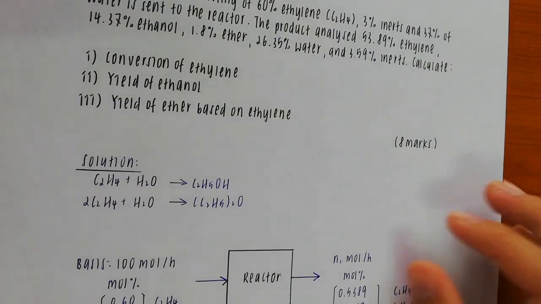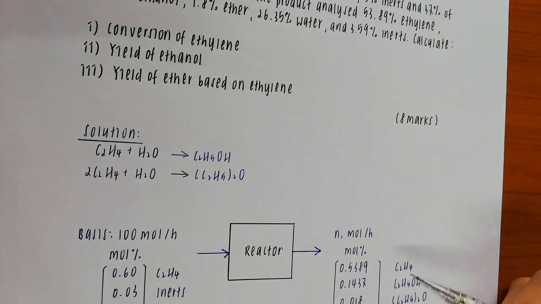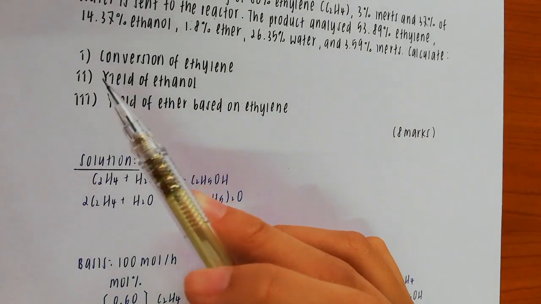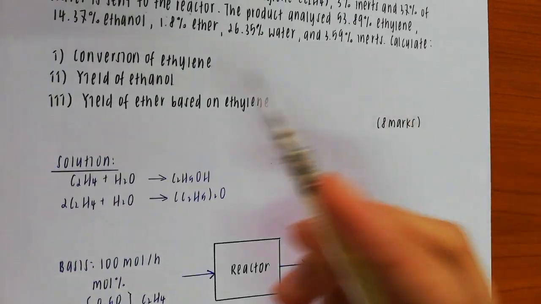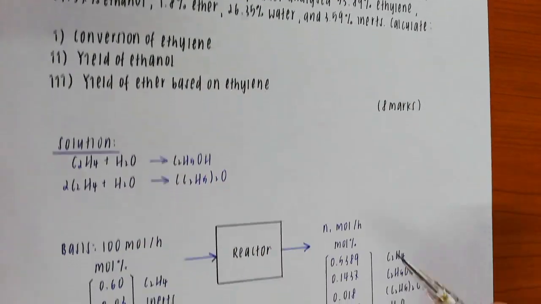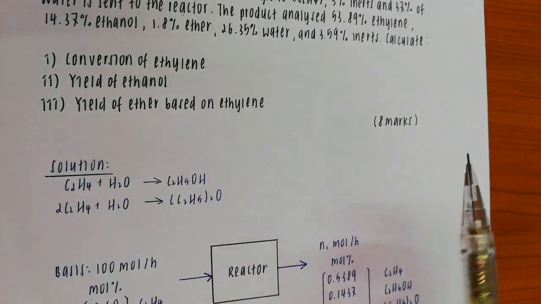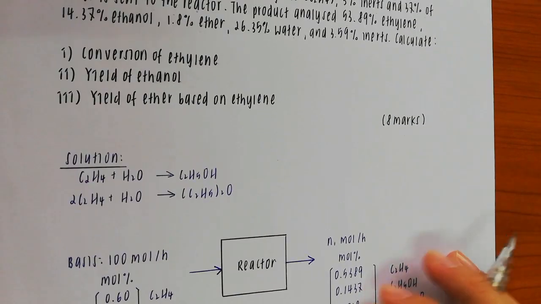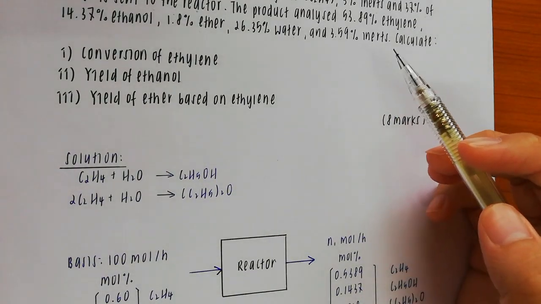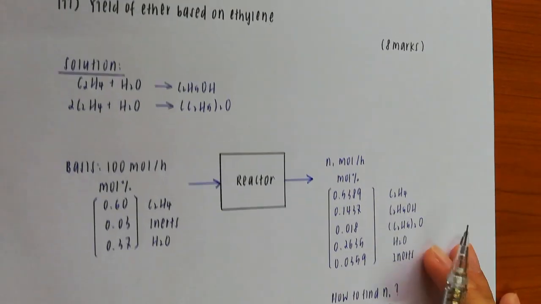So for the output, we have 53.89 ethylene, and then 14.37 ethanol, and then 1.8% of ether, so 26.35 of water, and then we have 3.59% of inerts.